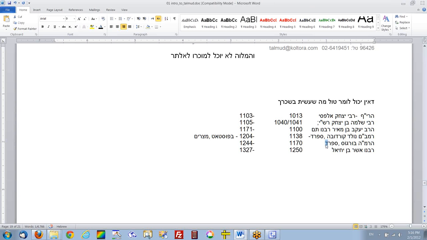We'll see his position, and finally, Rabbeinu Asher. Rabbeinu Asher, who follows these great Rishonim of this great period, will use them as his texts and explain to us each one of their positions, not necessarily all of them.